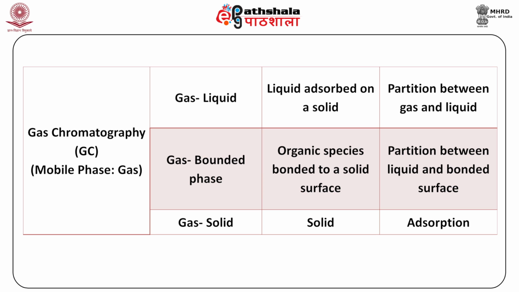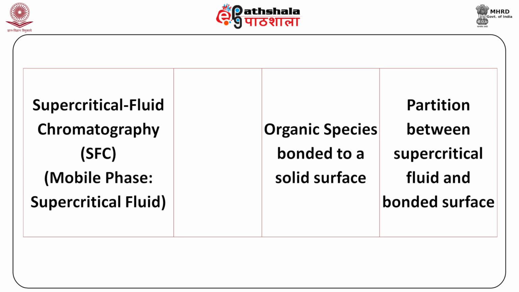Likewise, gas chromatography can be further subdivided into 3 types. It is to be noted that liquid chromatography can be carried out in a column as well as on a planar surface, but gas chromatography and supercritical fluid chromatography can only be performed in a column. In supercritical fluid chromatography, wherein the mobile phase is a supercritical fluid, there occurs a partitioning between the supercritical fluid and the bonded surface.